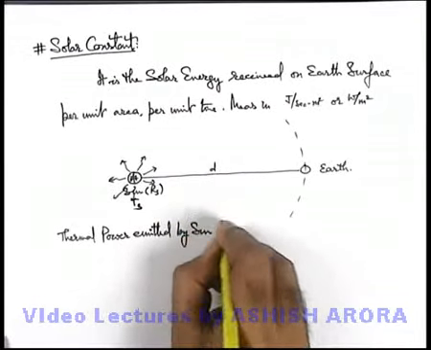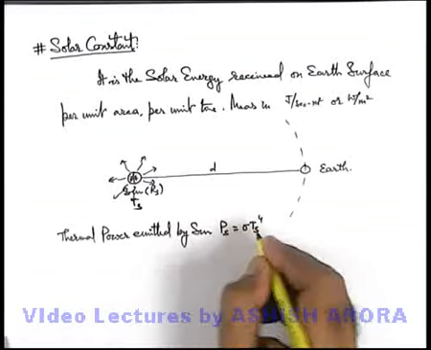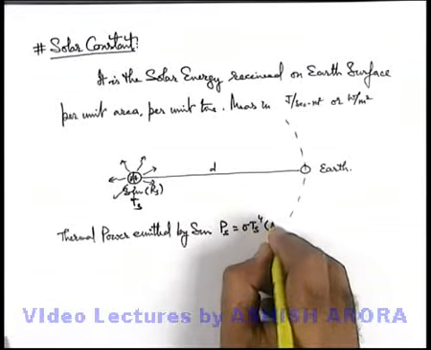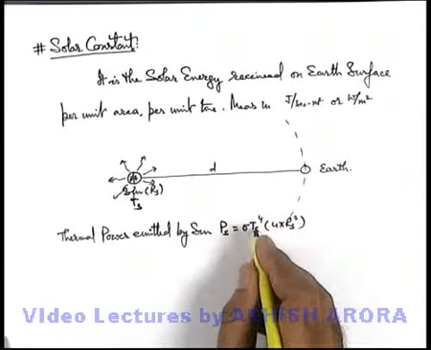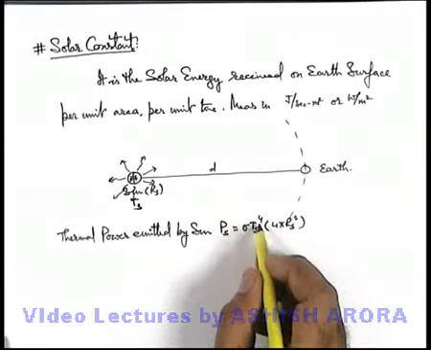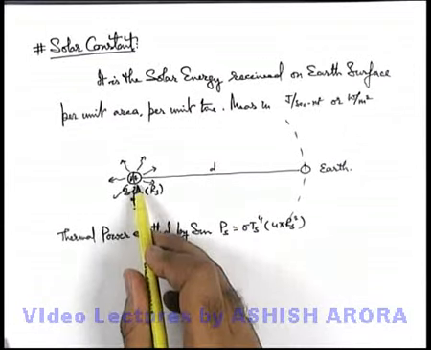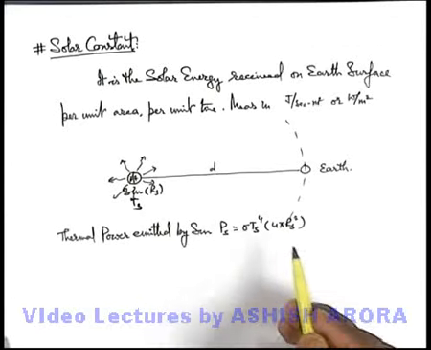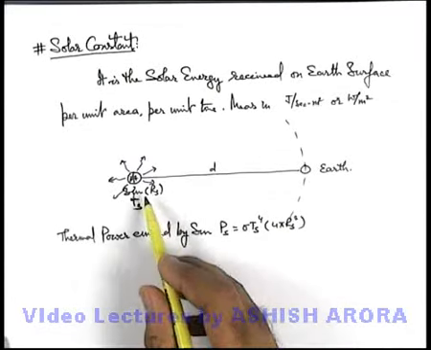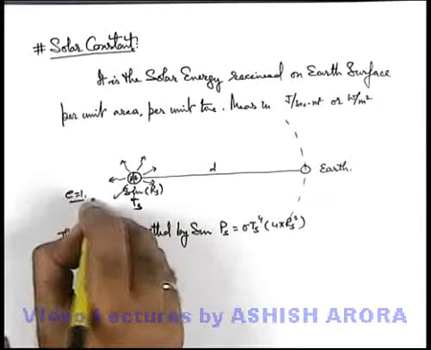This thermal power Ps can be simply written as sigma Ts to power 4 multiplied by 4 pi Rs square. Sigma Ts to power 4 is the radiation power per unit area from the surface, multiplied by the surface area of the sun. Now as we can directly treat the sun as a black body, we have taken its emissivity to be 1.